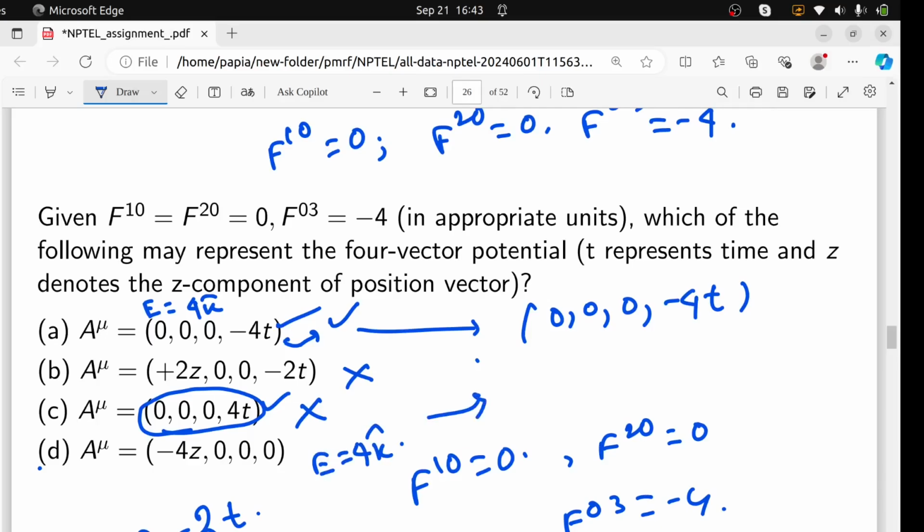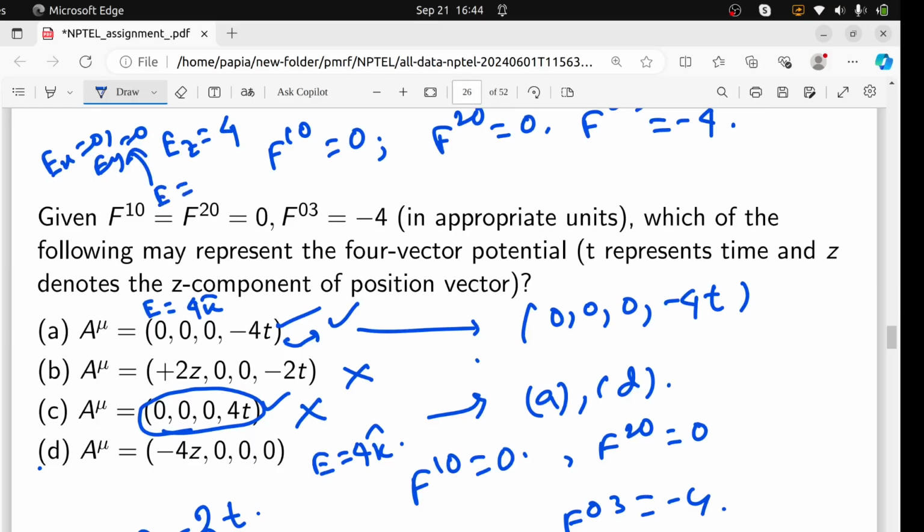So the correct option should be A as well as D. Both these two options are giving the correct expression for E. Ex is 0, Ey is 0, Ez is 4. So E is 4 k cap.